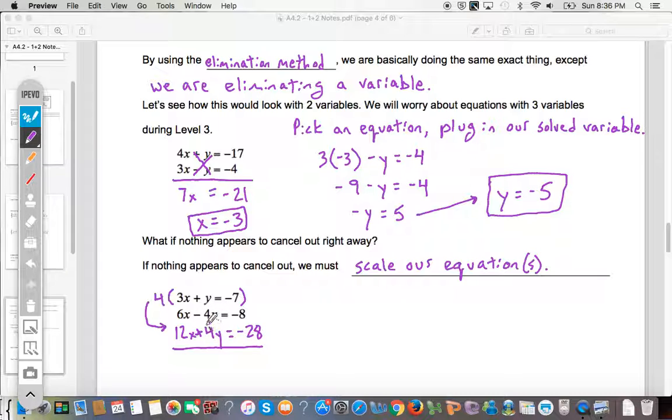So I have negative 4y plus 4y. I'll cross that right out. 6x plus 12x, that is 18x. And negative 8 minus 28, that is negative 36. So here I know x equals negative 2.